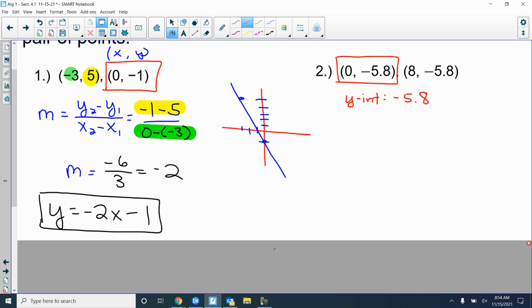We've got that. Got to figure out the slope though. So m equals y2 minus y1 over x2 minus x1. Tell me what order to subtract.